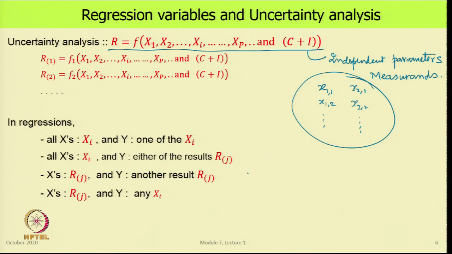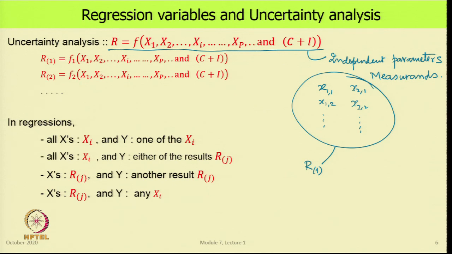We looked at the analysis for a general case where there is a result relation called R, and we did not put any restrictions on what shape it took or why it was there. Now, when you look at this, we say that in an experiment, after all this data was collected, I could do a calculation for one result, which we will call R1, based on a certain combination of these parameters.